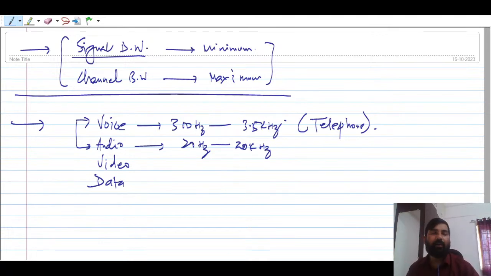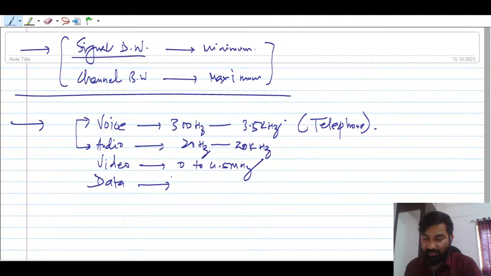That is why the range of frequency is from 20 hertz to 20 kilohertz. And video has a frequency range from 0 to 4.5 megahertz. It needs more bandwidth.